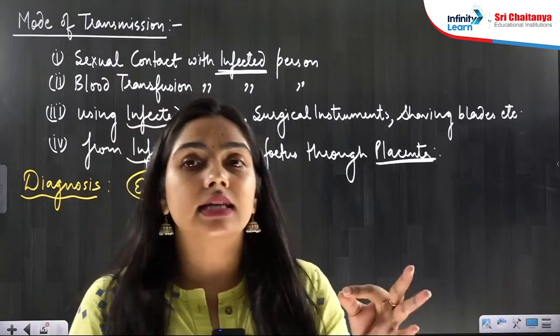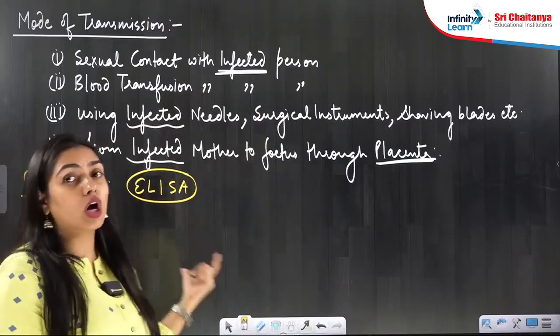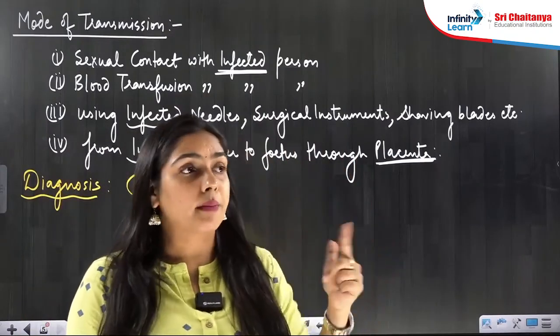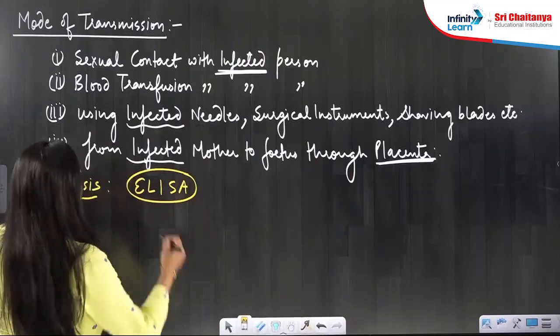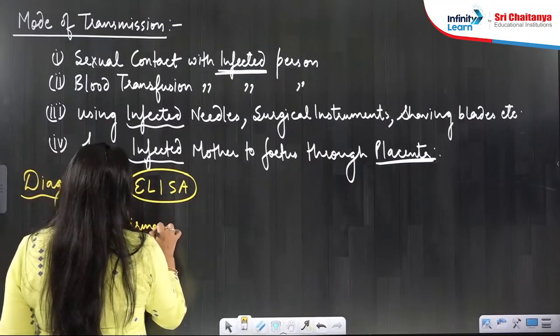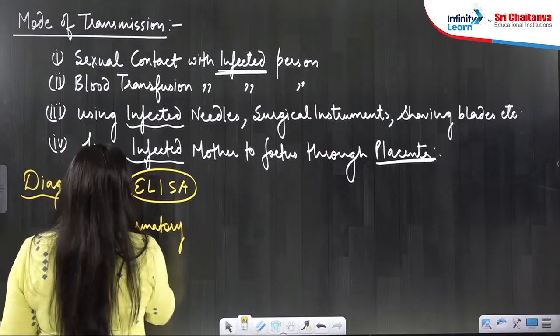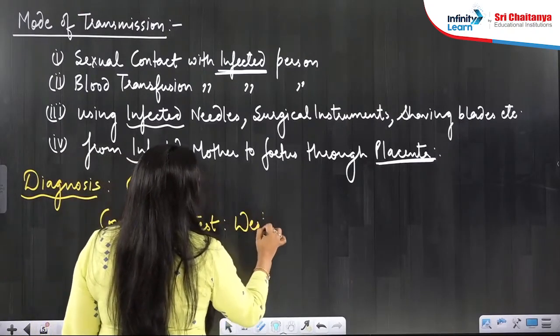This is a detection technique. We will talk about it in biotechnology, which is a different unit in which we talk about ELISA. And there is a confirmatory test. After the diagnosis, we will confirm it. So the confirmatory test is Western blotting.